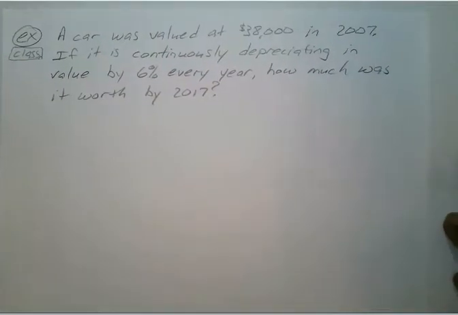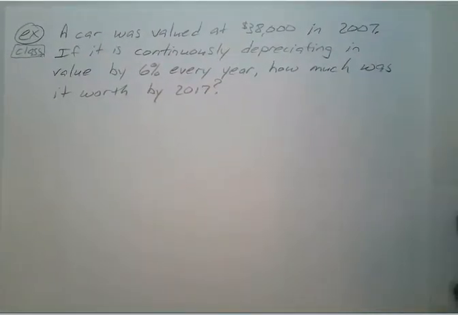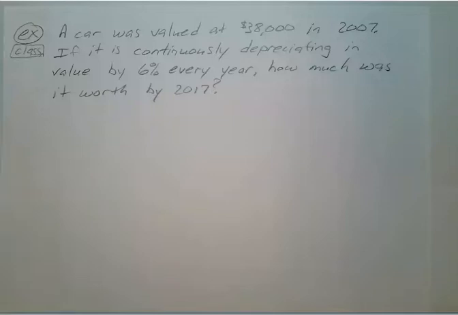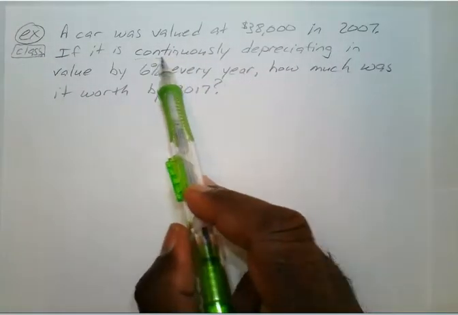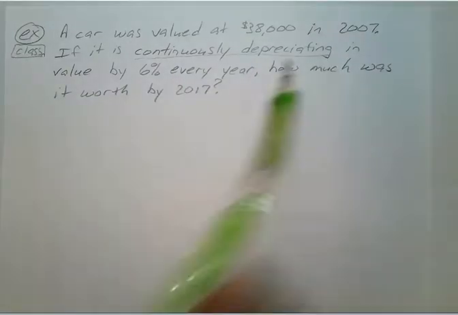Okay, so we know that a car was valued at $38,000 in 2007. If it is continuously depreciating in value by 6% every year, how much was it worth by 2017? Okay, so you see here it's continuously depreciating.